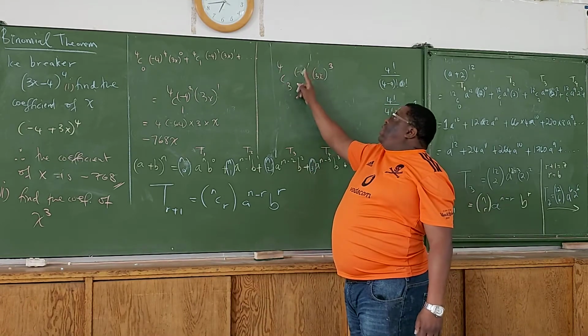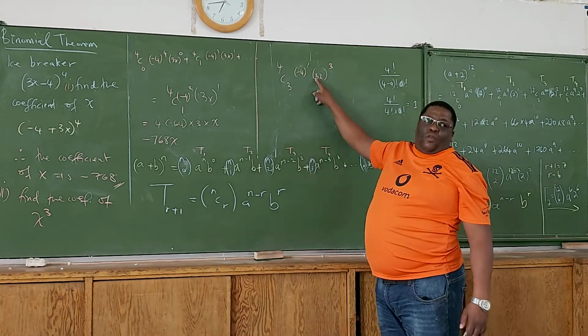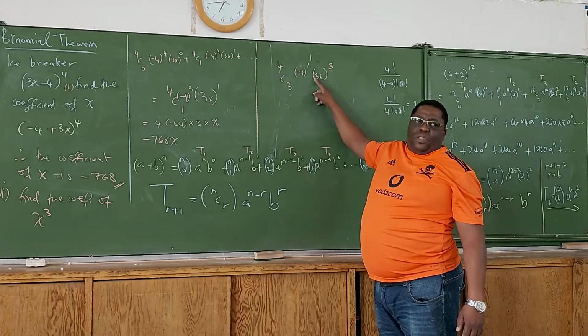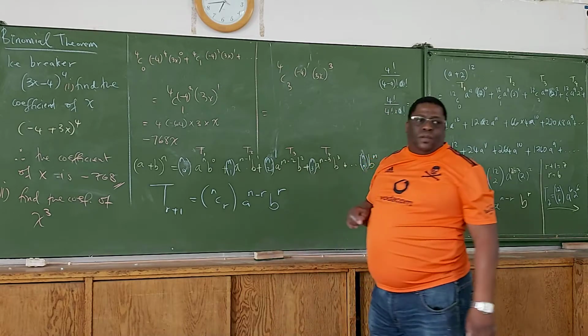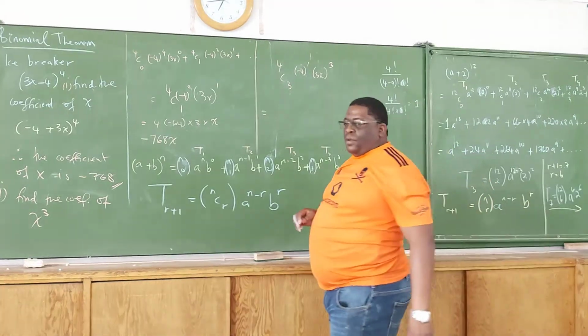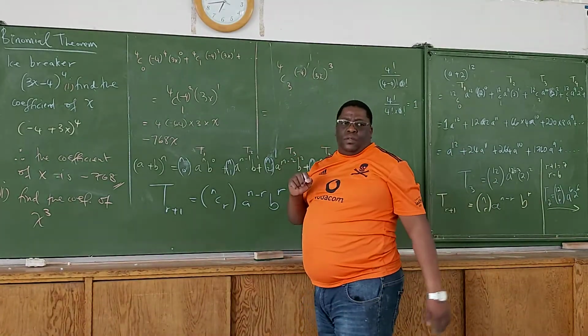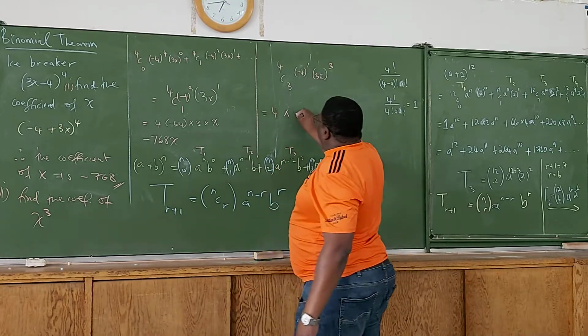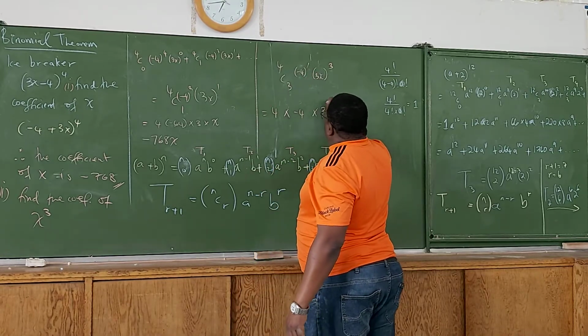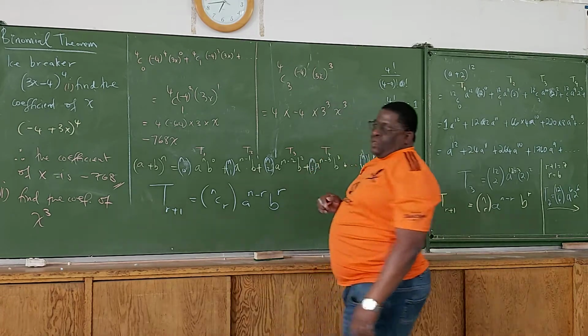4c3 times negative 4 times, now be careful here, this is 3 raised to the power of 3. Okay, so let's do it step by step. What is 4c3? 4 choose 3. On the calculator, it's 4. Good. Times negative 4 times 3 cubed x cubed.